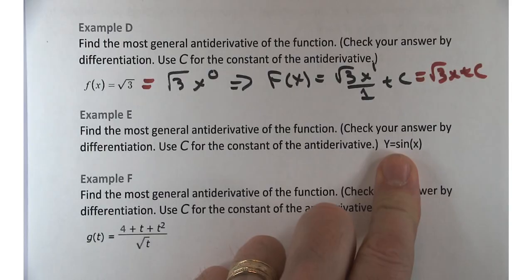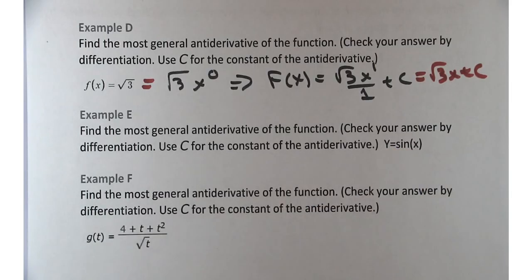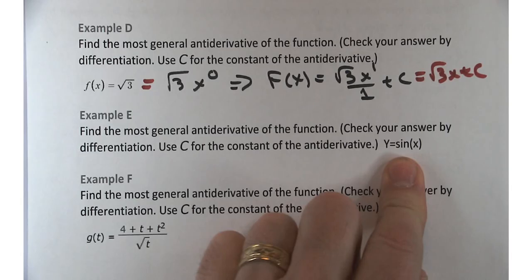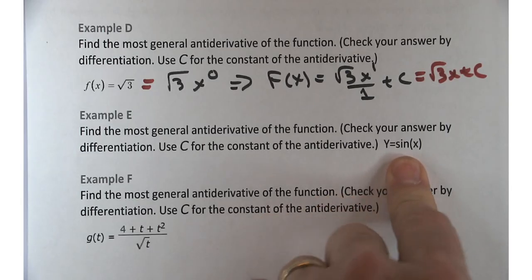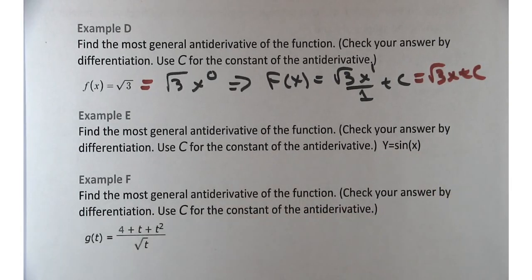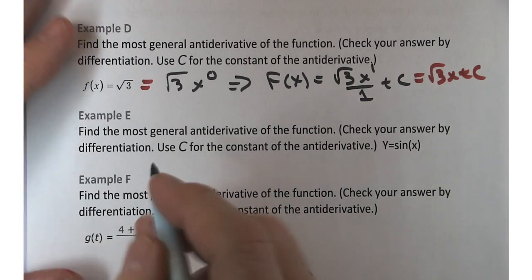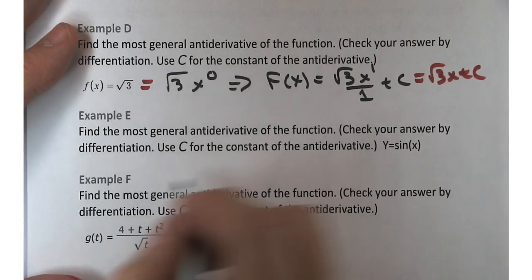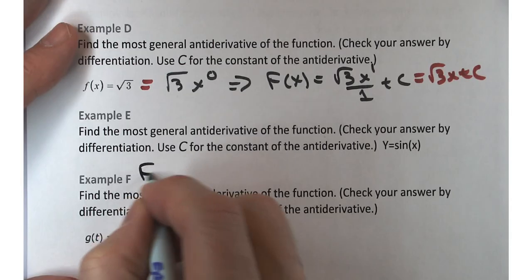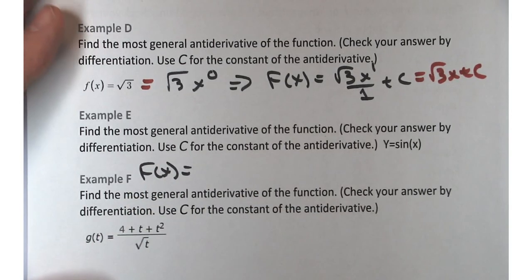Here's one where you're going to have to start thinking in a reverse direction. What do you start out with that you differentiate to get y equals a sine? What's derivative gives you the sine? So call it capital F of x. What should I write here?